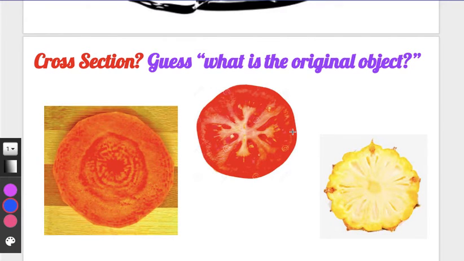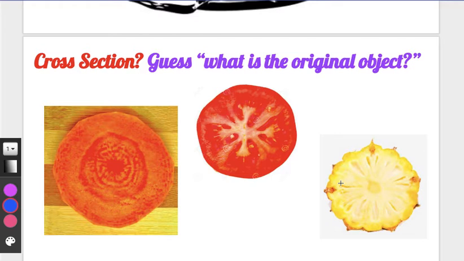You probably did some kind of experiment in biology class where you needed to get the cross section of a certain object. This is why I said at the beginning you probably heard this word before. And this one, very obvious, is a pineapple. So when you cut through fruit, sometimes you see round shapes, sometimes different kinds of shapes, but the side touching the knife is the cross section.